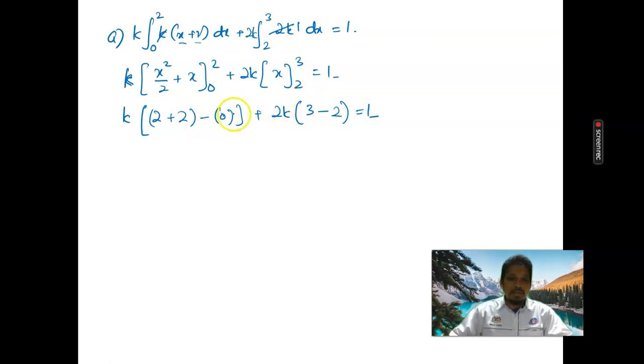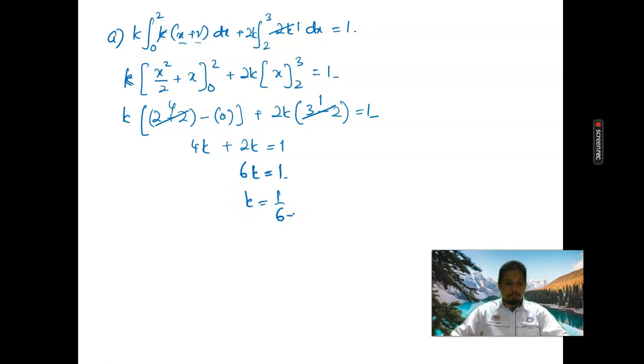Okay, so 0 here, 2 plus 2 equal to 4. So 4 minus 0 equal to 4, times k is 4k. 3 minus 2 equal to 1, 1 times 2k is 2k, equal to 1. Then 4k plus 2k equal to 6k. Then k is 1 over 6.